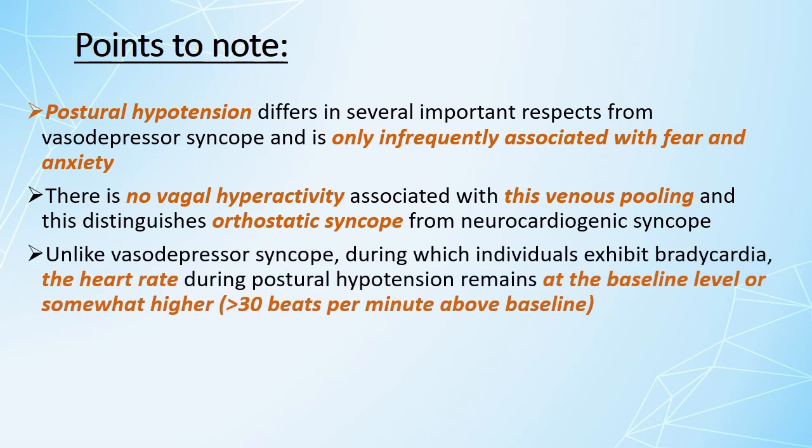Then in cases of vasodepressor syncope, the patients usually exhibit bradycardia, whereas in cases of postural hypotension, it remains either at the baseline level or the heart rate is somewhat higher.